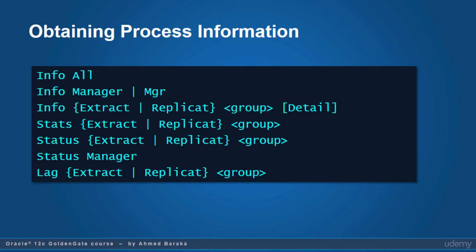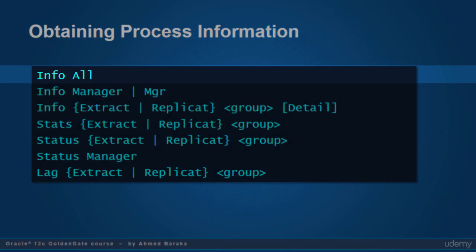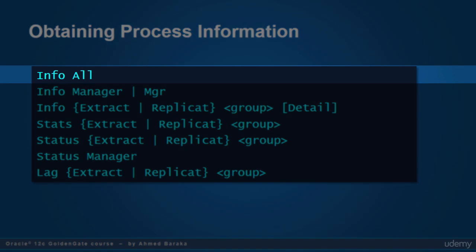Following are the GGSCI commands that you use to obtain information about the status of the GoldenGate processes. The INFO ALL command gives you a short output of all the processes configured in GoldenGate and their statuses. Usually I use it to know the status of each process in GoldenGate in one go.